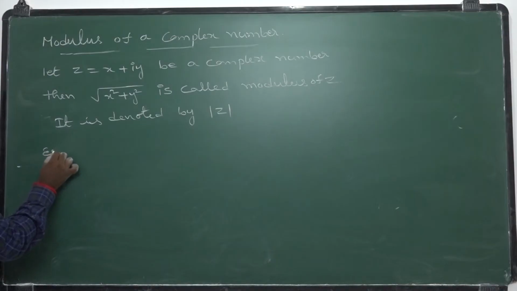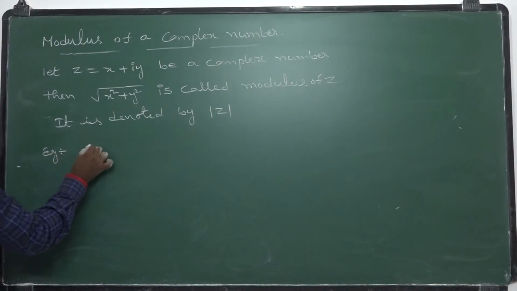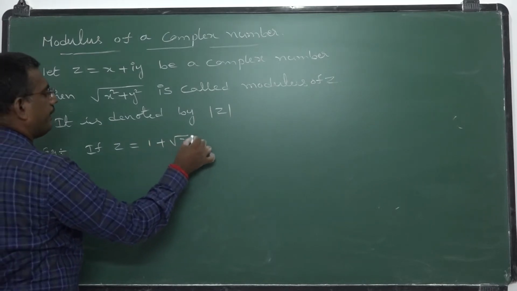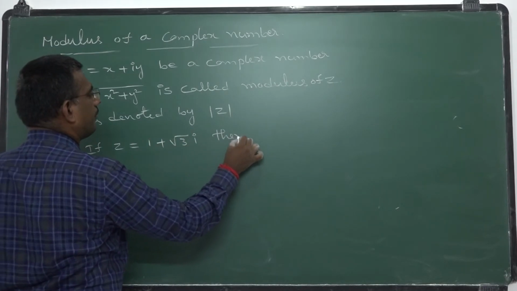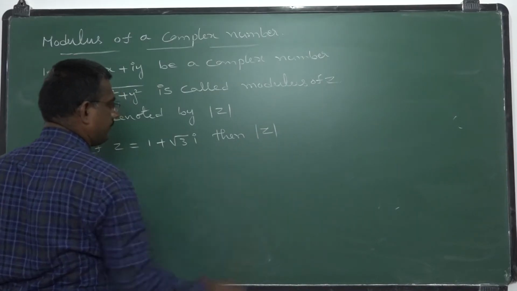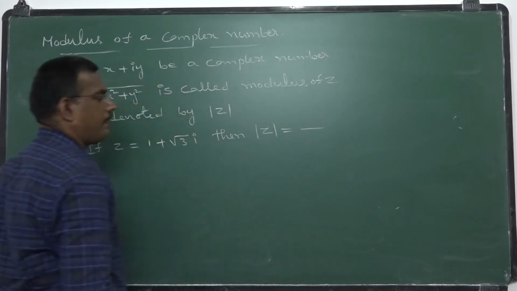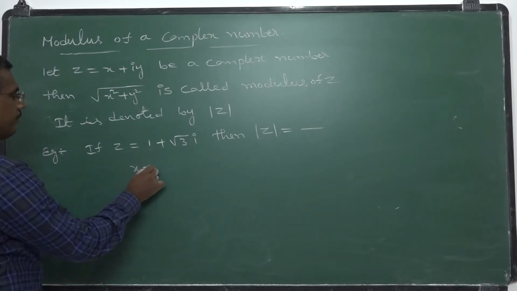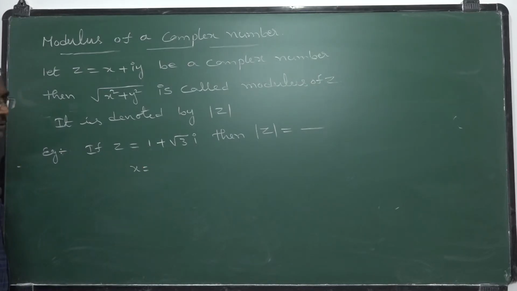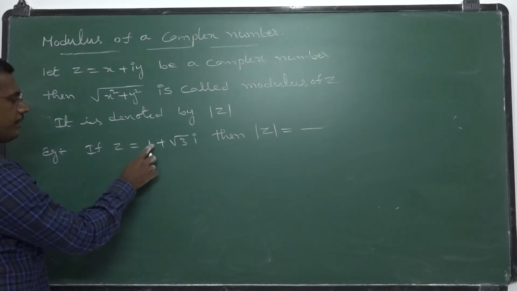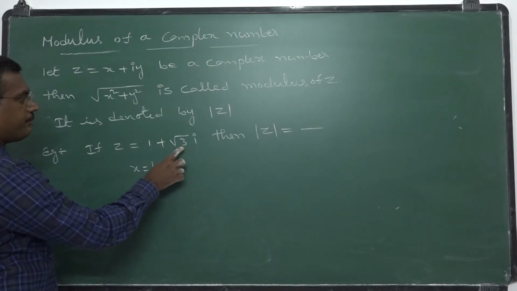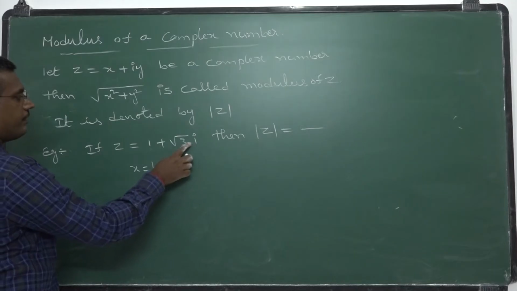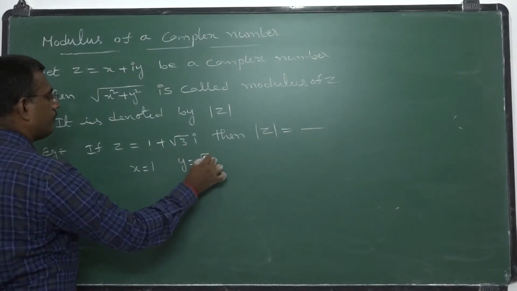For example, if z is equal to 1 plus root 3i, then find modulus of z. So comparing the given complex number with x plus iy, here x is equal to 1, and the coefficient of i is y, therefore y is equal to root 3.